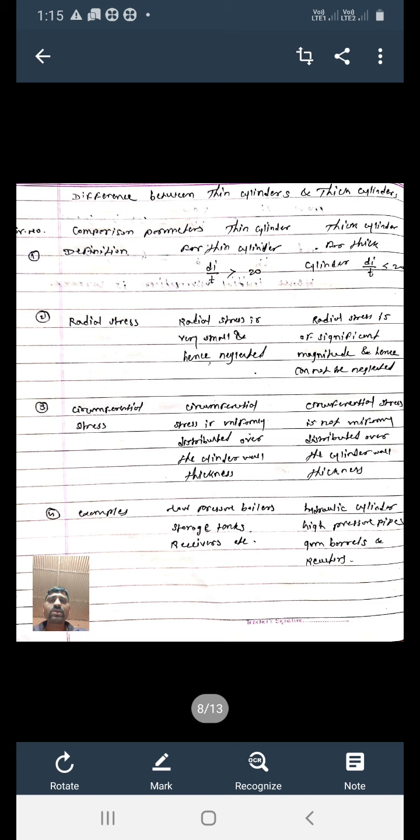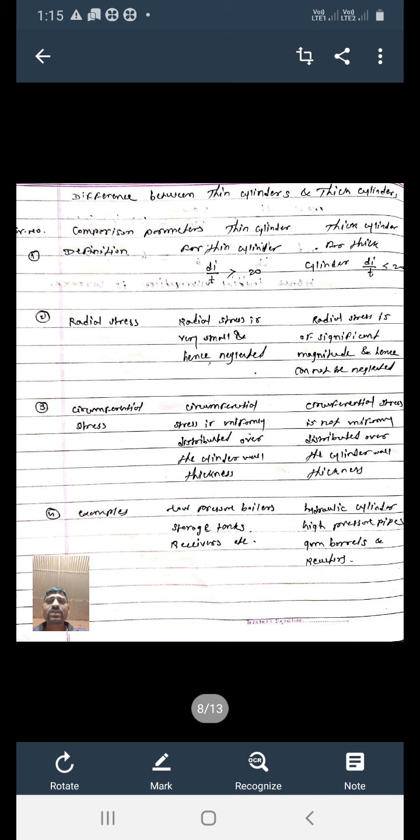Then the second parameter is radial stress. Radial stress is very small in the thin cylinder, that's why it is neglected. But in the thick cylinder, the radial stress is significant, it has some magnitude and hence cannot be neglected.